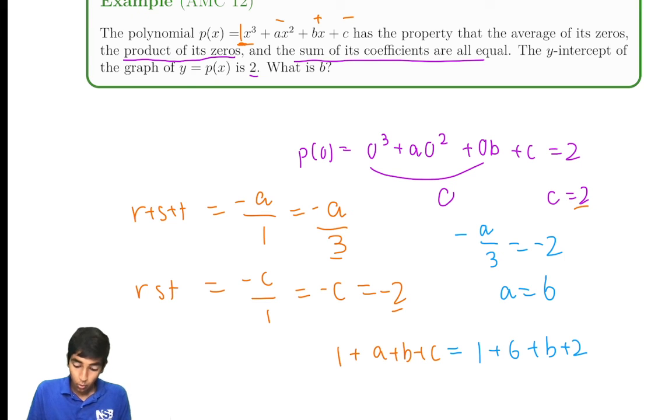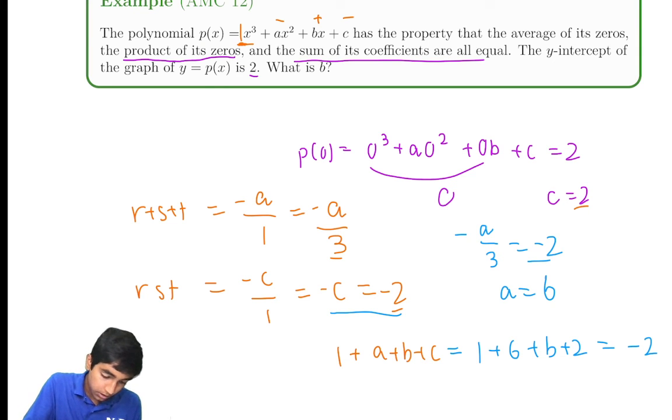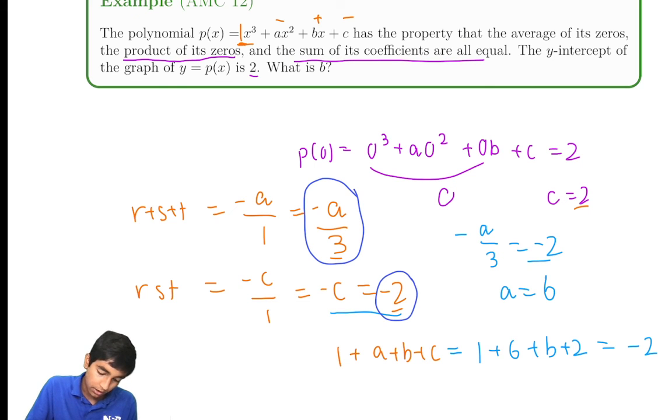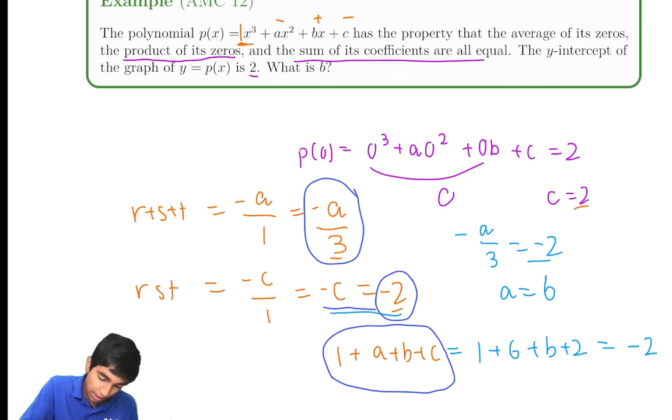But then we see that this sum has to be equal to negative c, which is negative 2, because all 3 of these terms, negative a over 3, negative c, and the sum of coefficients, have to be equal, given by our problem statement.